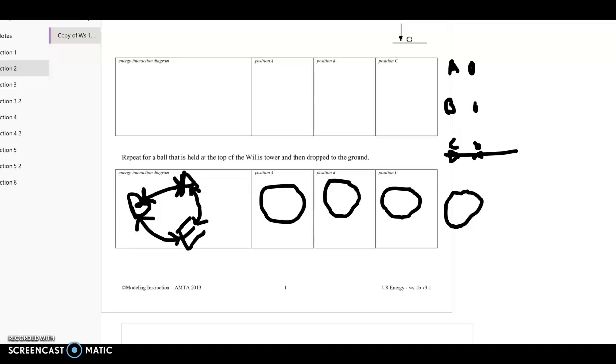All right. So if I say that kinetic is red, right? Kinetic is red. And gravitational potential is green.